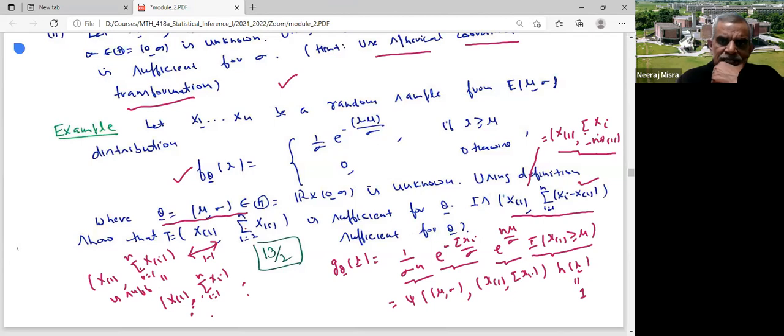What I've asked over here is to show that x1 and this quantity are sufficient using the first principle, using just the definition.